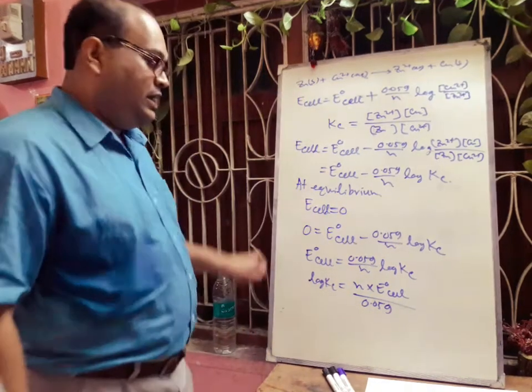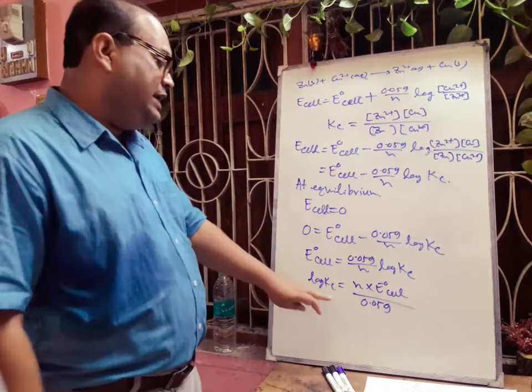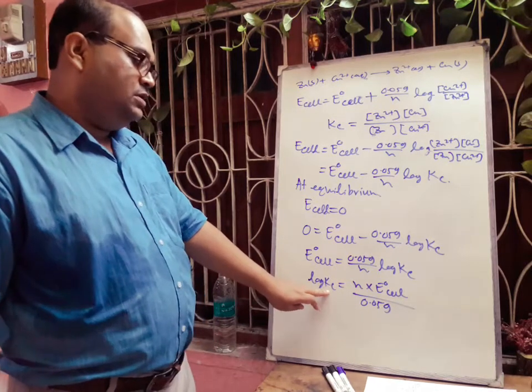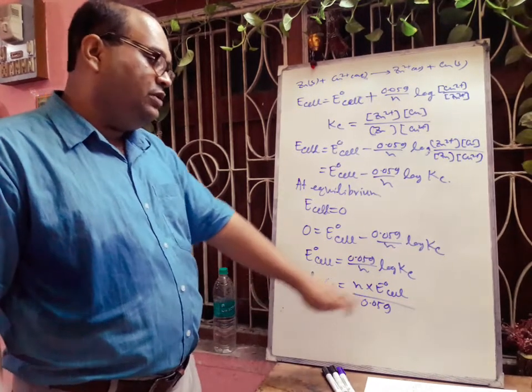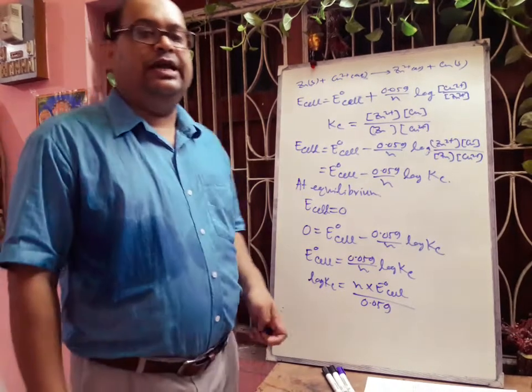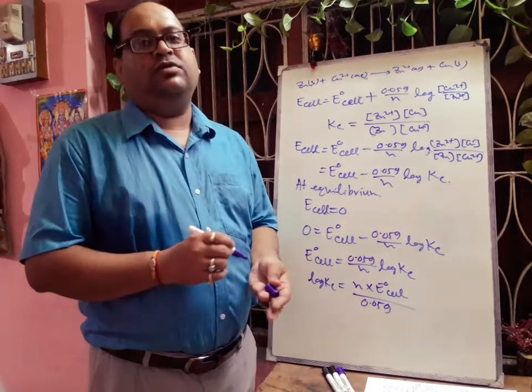If we take the anti-log, then we can easily get the Kc value, or Kc is equal to 10 to the power this. So in this way we can easily calculate the equilibrium constant. Hope you can understand.